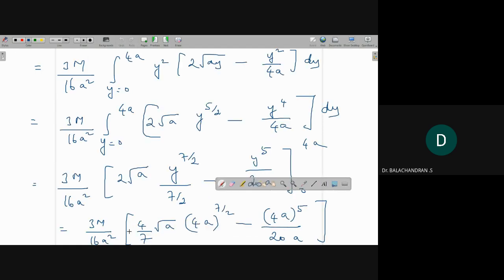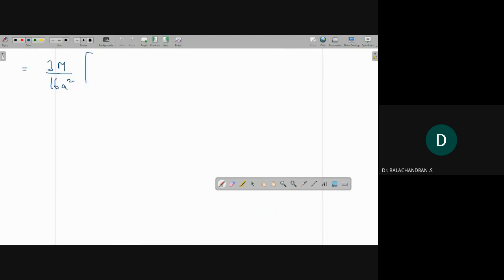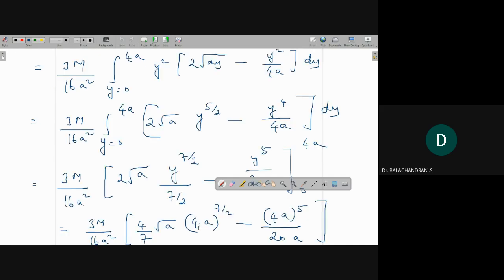You have 4 by 7 into root a. This is 4a whole power 7 by 2.